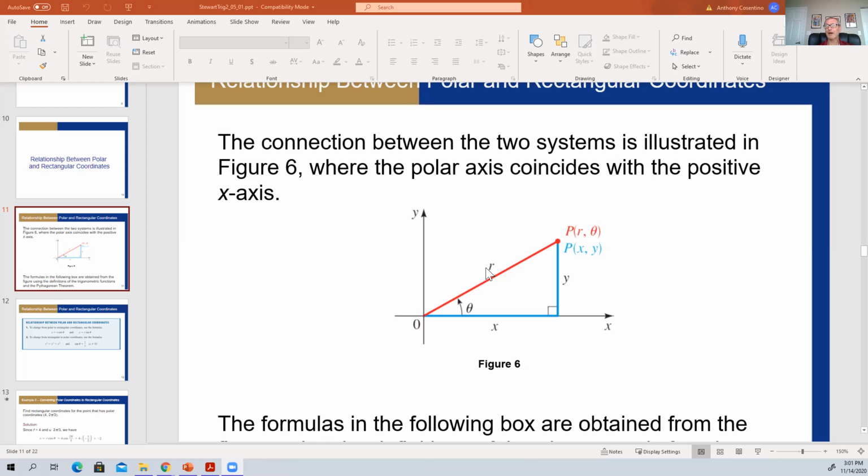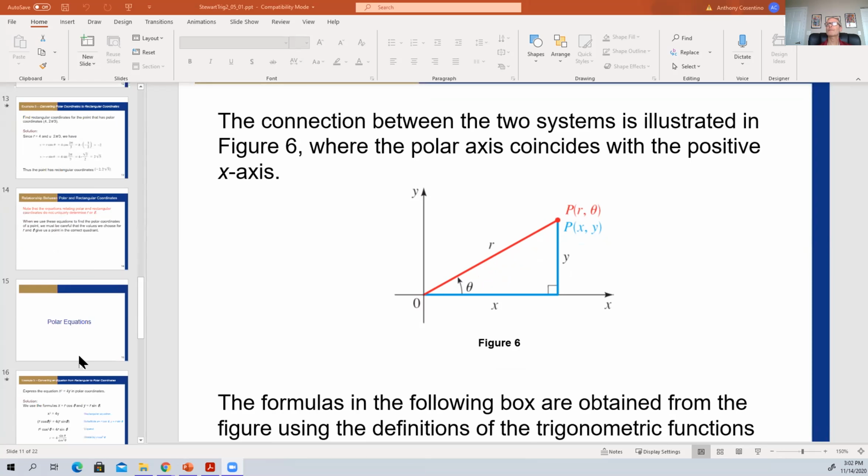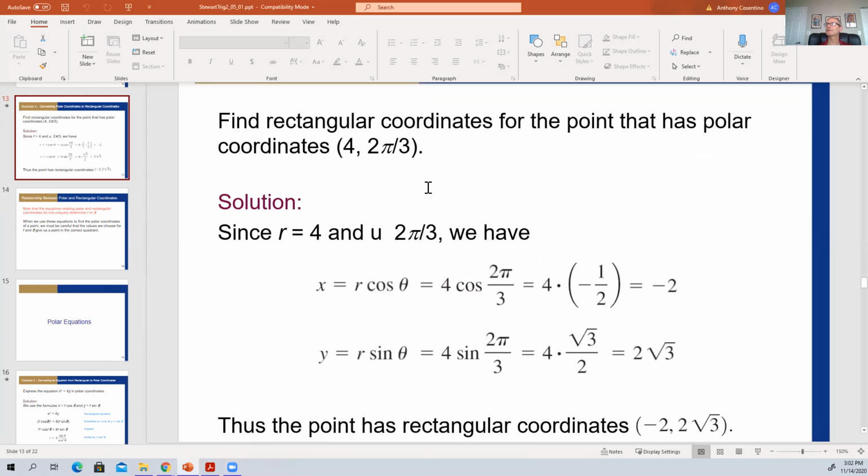What is r? It's the hypotenuse. And what is theta? Theta is the angle from the positive x-axis to the hypotenuse, right? With regards to the unit circle idea.